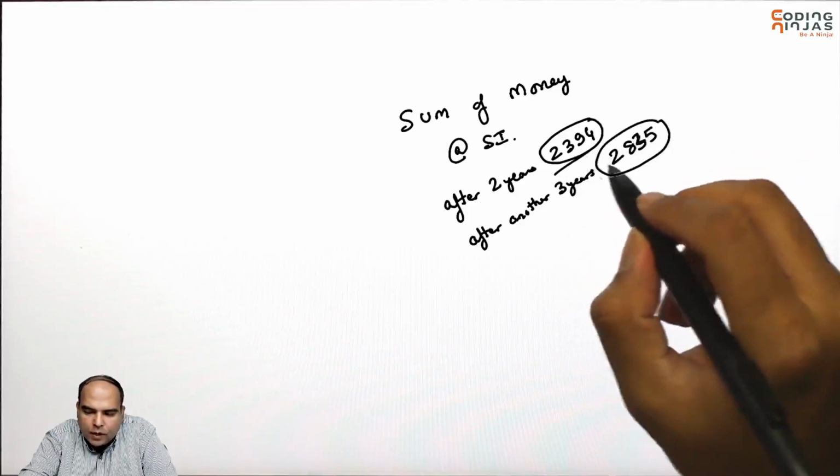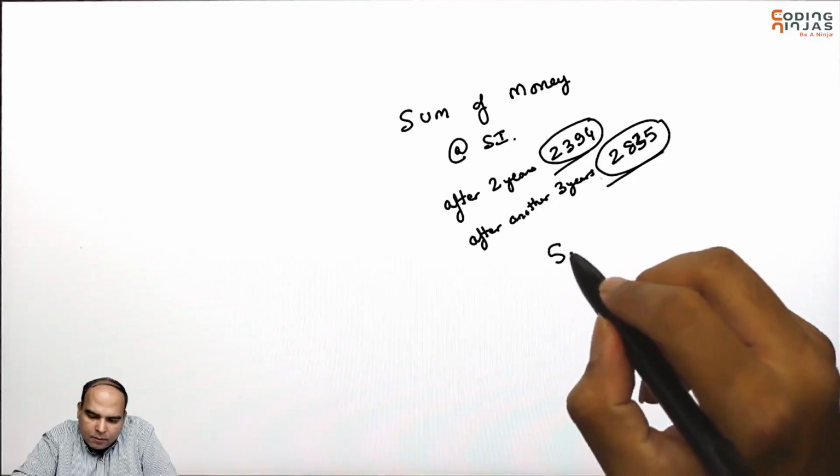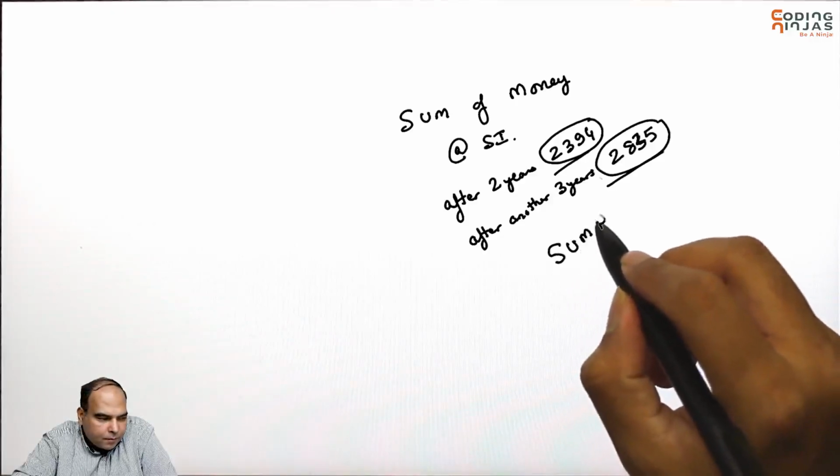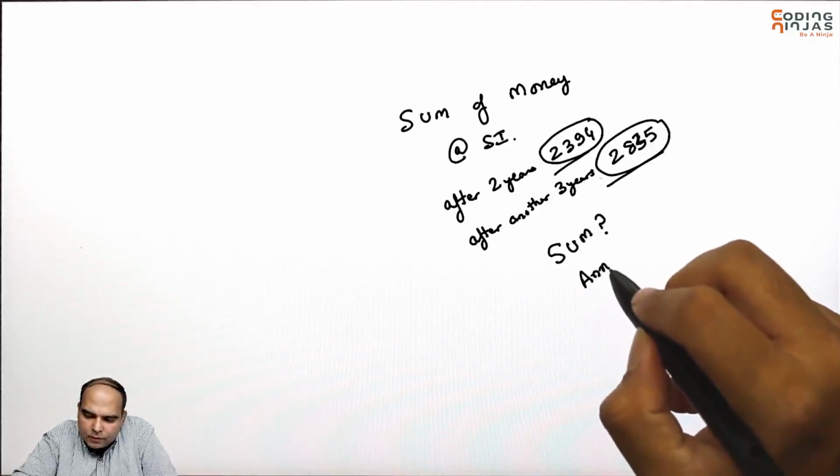After 2 years is 2394, and after 3 years it's 2835. So the question is, what is the sum? What is the annual interest?